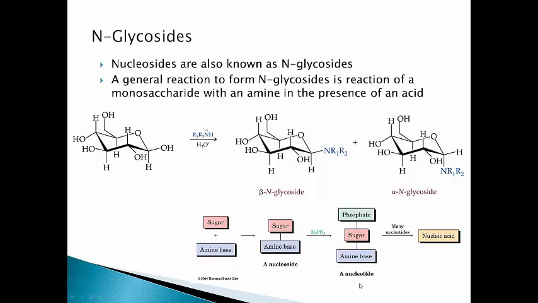And then to make our nucleotide, we need to add a phosphate. So H3PO4, okay, so then you have your amine, your sugar, and your phosphate group to get that nucleotide. And then joining all those together, you get your nucleic acid.